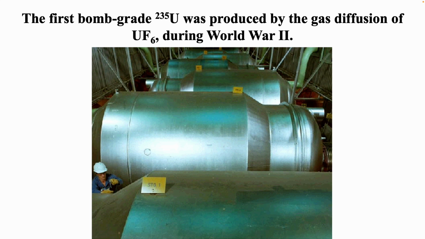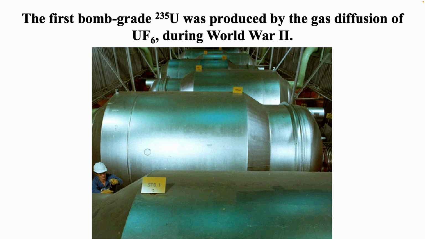In World War II, the first bomb-grade uranium-235 was actually produced by gas diffusion. Uranium-235 is the only naturally occurring fissionable material, but it's less than 1% naturally abundant of all the uranium isotopes. You need like 90% uranium-235 to make a bomb, but in nature there's only like 1%.